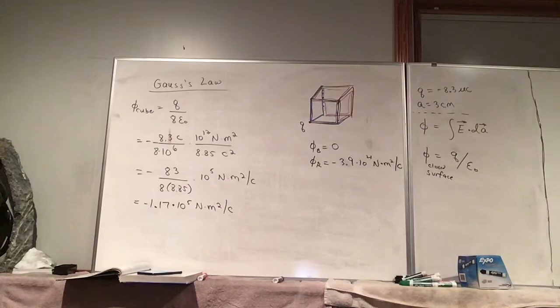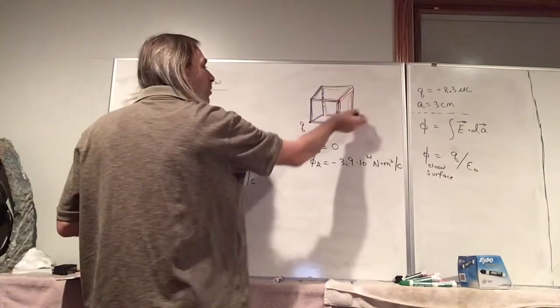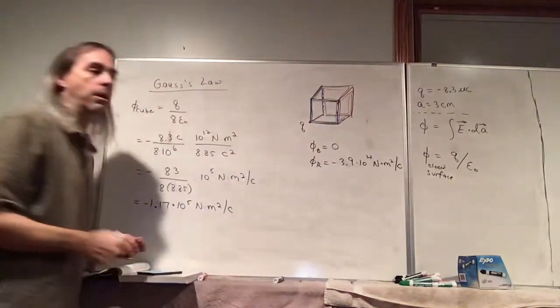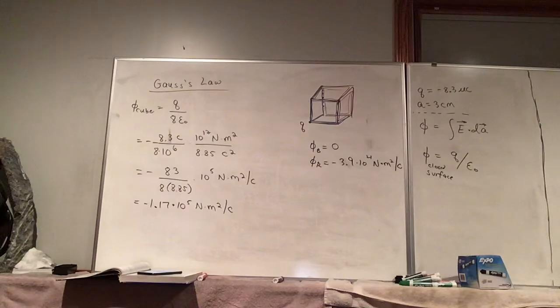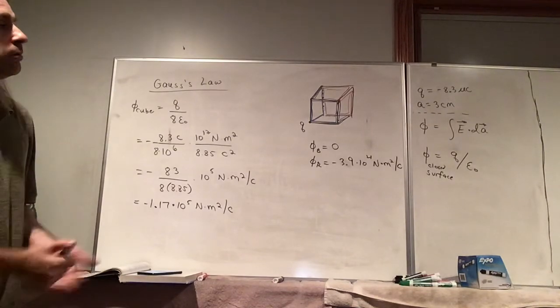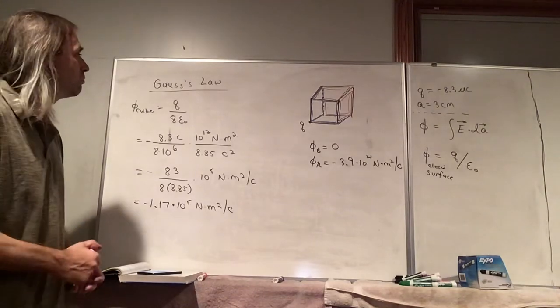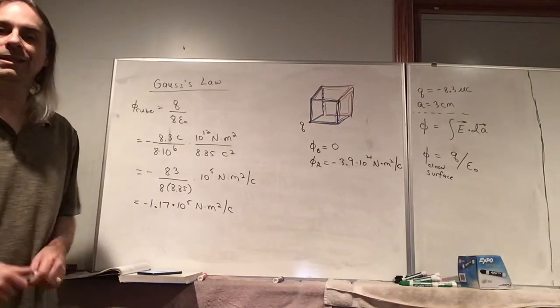But again, it's not equal through all 6 faces because the electric field lines are moving along. They're all radial. So like along this face, none of the field lines are passing through that surface. So the flux through 3 of them is 0. And then the other 3 are equal to each other. Okay, so that's one problem in Gauss's law. Do another one, but I'll do that in a separate video.